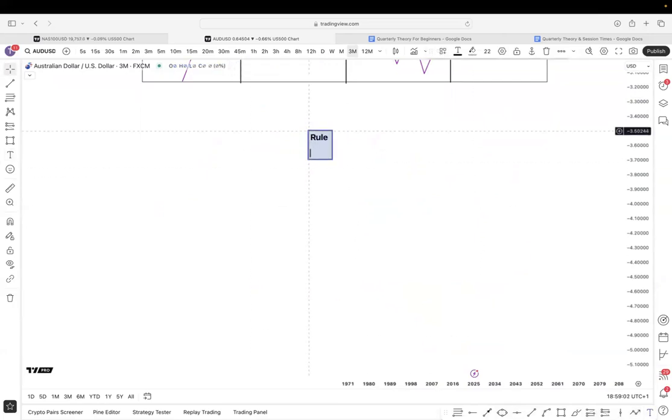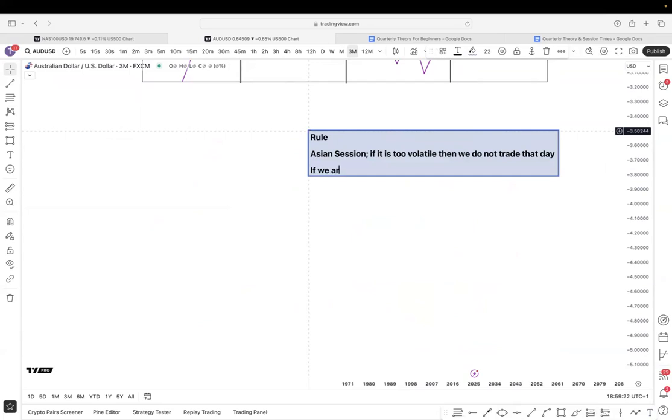So the rule you need to basically follow is, if the Asian session is too volatile, then we do not trade that day.